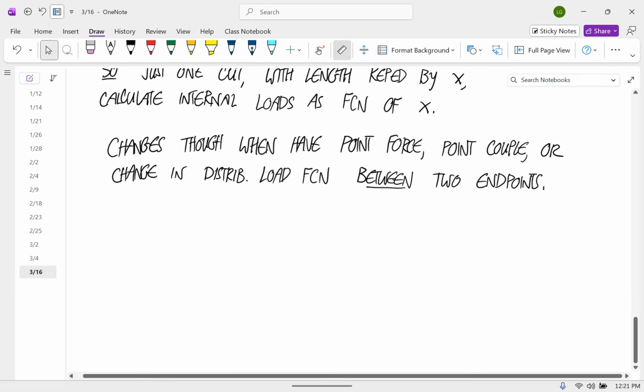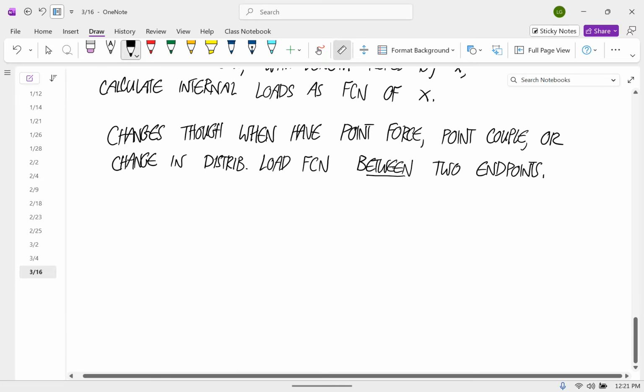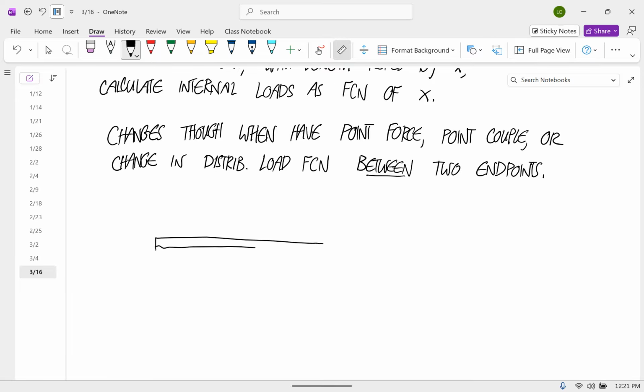Okay, so let's think about this. So let's say that we have a free body diagram, a body that has an RA, an MA, a TA, and then one of these things happening at the midpoint.